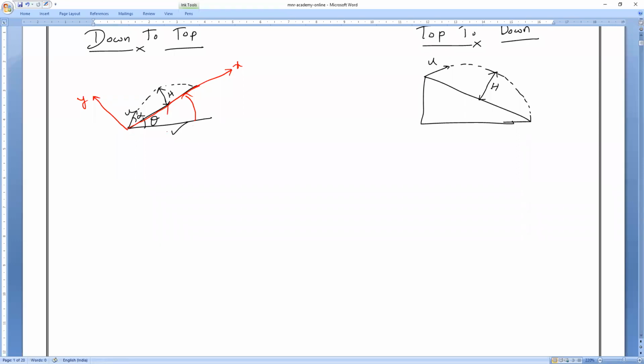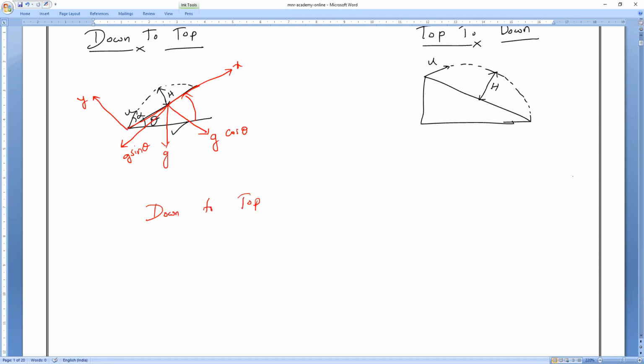At this point gravity is acting in the downward direction. Perpendicular to the incline the acceleration is g cos theta, and along the incline, the x-axis, it is g sin theta. So that is what we made, as we have taken down to top.